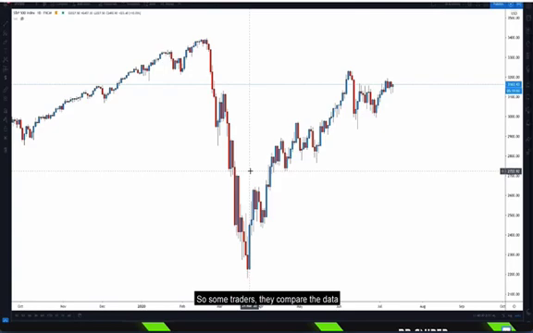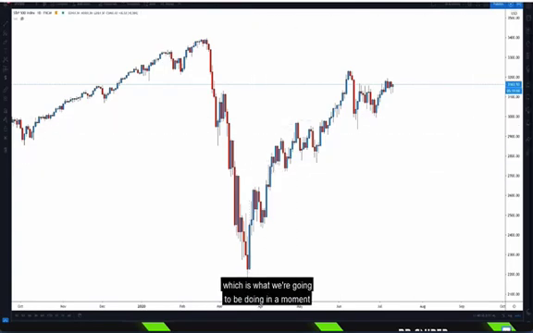So some traders compare the data of one price chart to another, which is what we're going to be doing in a moment. While other traders are going to use a price chart in comparison with an oscillator, such as the RSI or the stochastic.